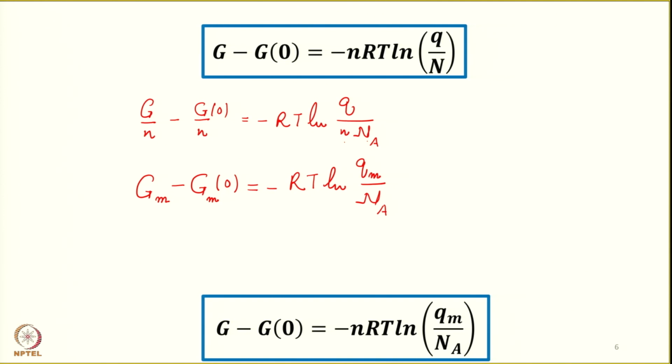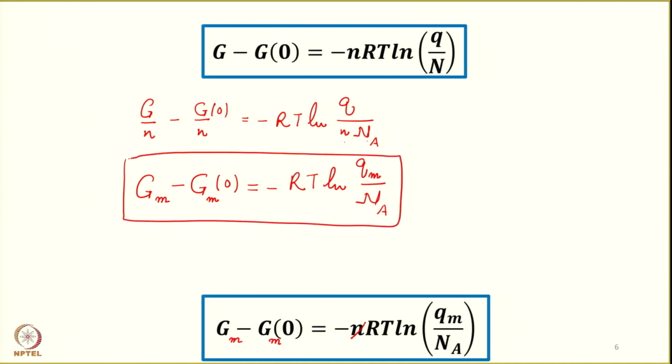It is much easier if we deal with the molar properties, because then we don't need to worry about the size of the system. So the equation which connects the molar Gibbs function with molar partition function is Gm minus Gm0 is equal to minus RT log Qm by Na.